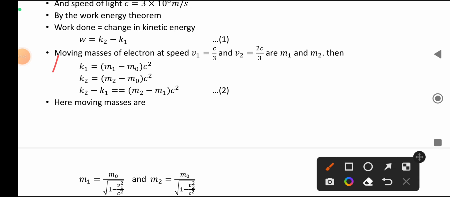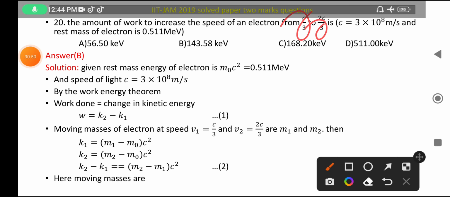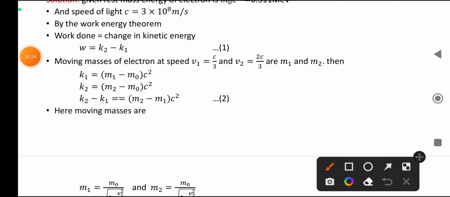Consider the moving mass of the electron at a speed. The first speed is v1 and the second speed is v2, because in the question they are given as c by 3 and 2c by 3. The masses are m1 and m2. Then K is the kinetic energy. Kinetic energy is the change in mass into c square.